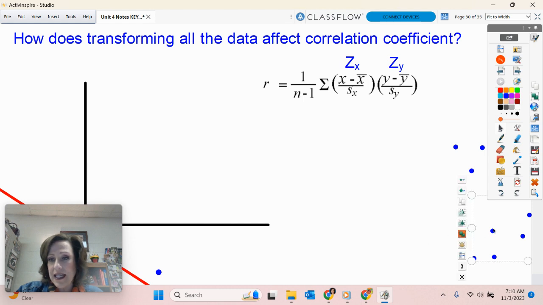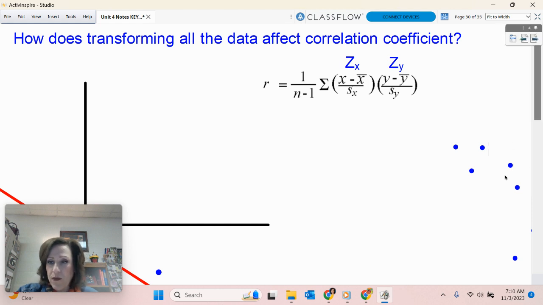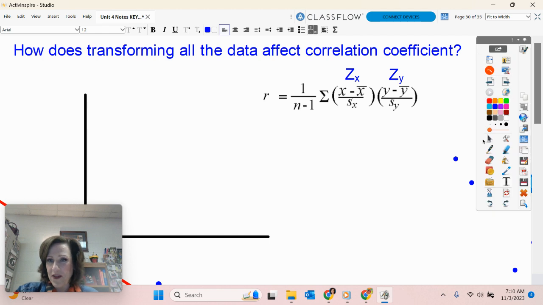Here is a data set that is flipped over the x-axis, same data, flipped over the x-axis, and then flipped over the y-axis, moved to right here. If I can move this set of data points over, somehow I can't grab a hold of that.